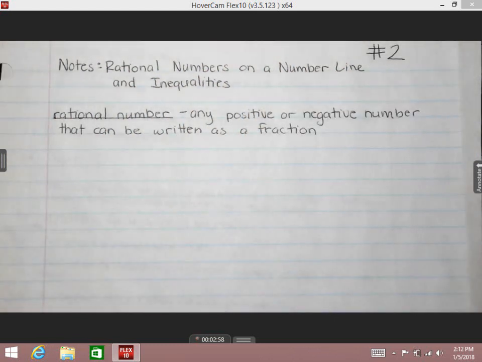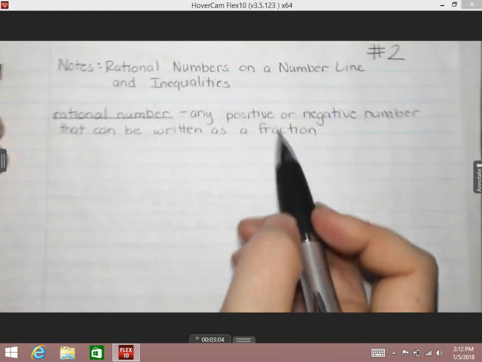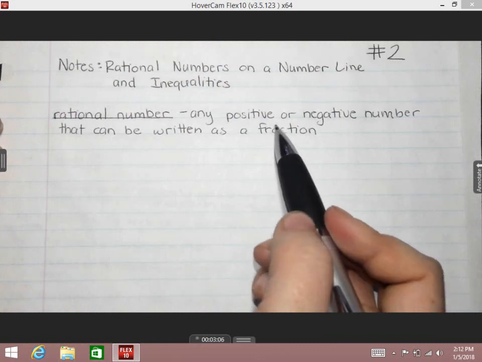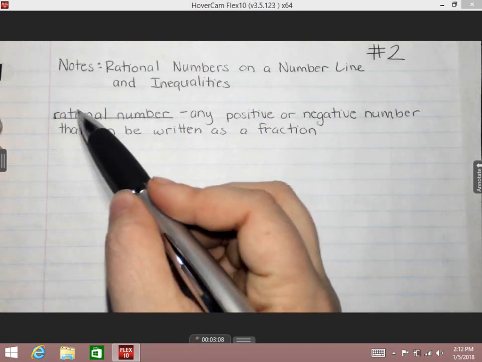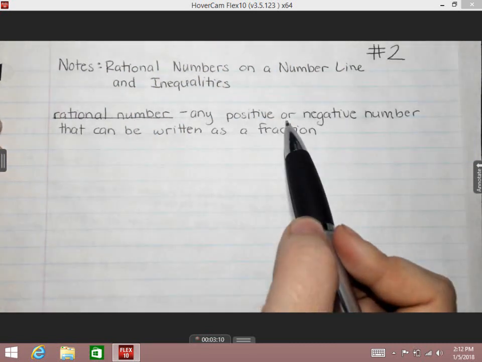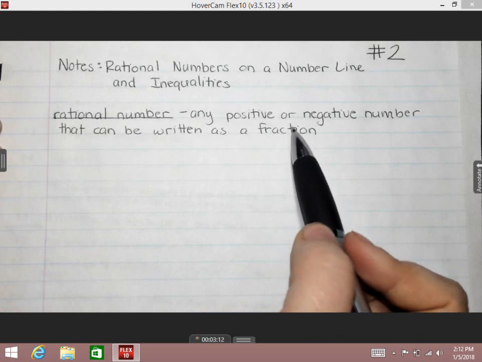Right? It's any positive or negative number that can be written as a fraction. And there we can see what Andrew just observed is completely accurate. Rational numbers do relate directly to fractions.